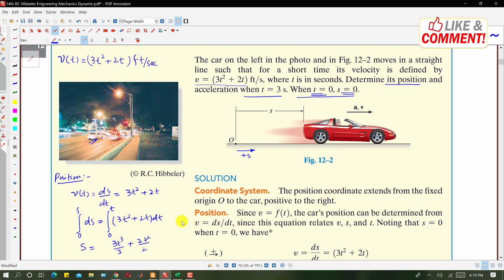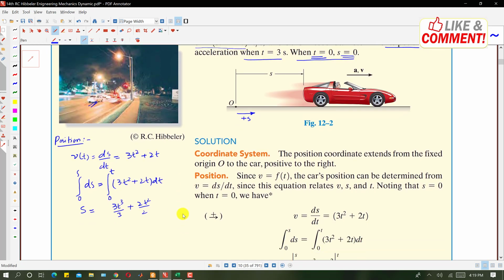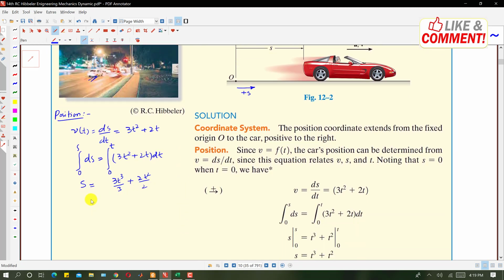In the dynamics course, you need to know the integration rules, so I will not explain the integration methods. So this is s of t, the position function in terms of t. This will cancel out and this will cancel out, so we will be left with t cube plus t square, from 0 to t, and s from 0 to s.